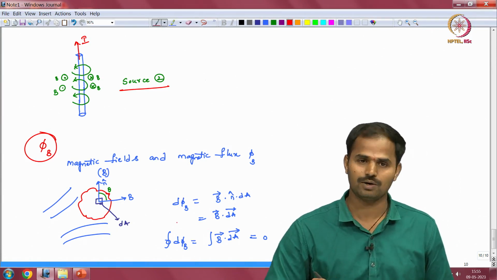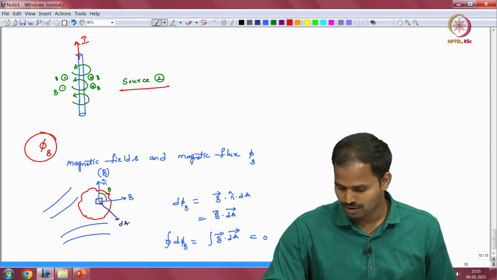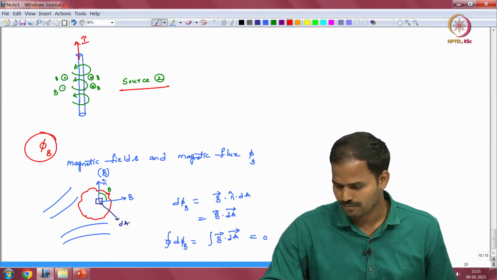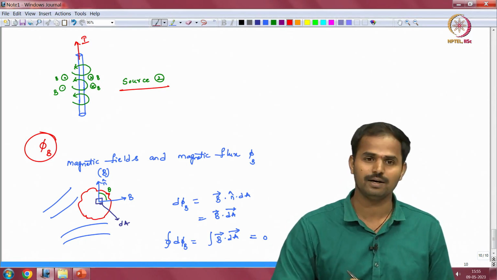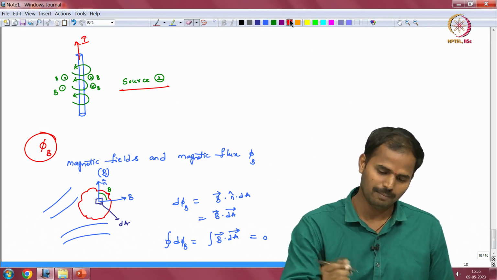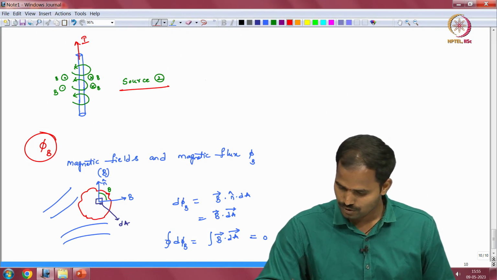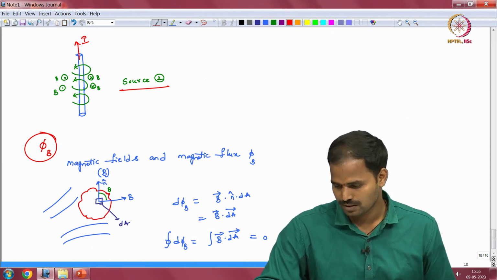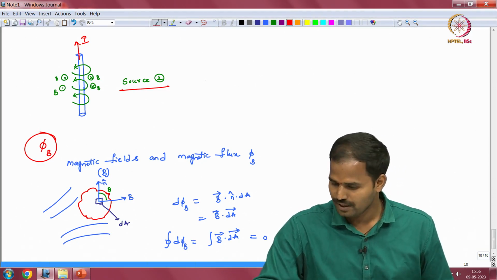The total flux inside the closed surface is 0 because there are no monopoles of magnetic fields, and inside this surface area there is no source or sink of magnetic field.